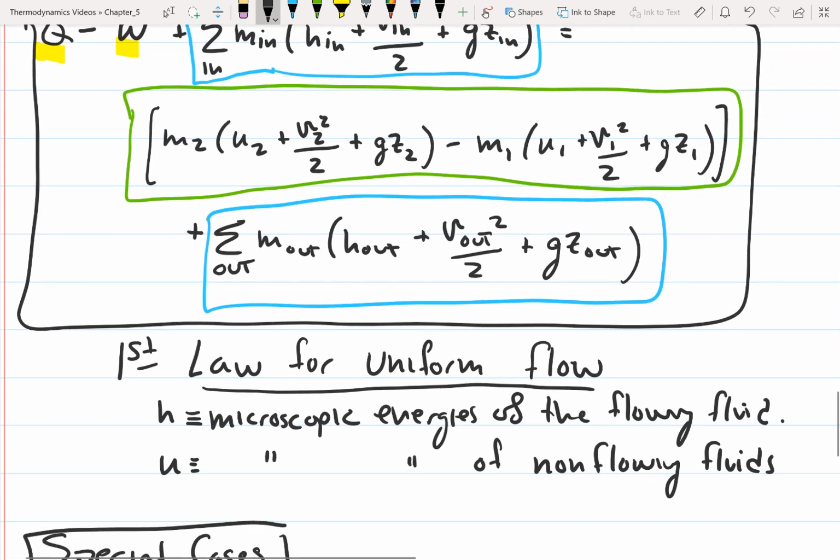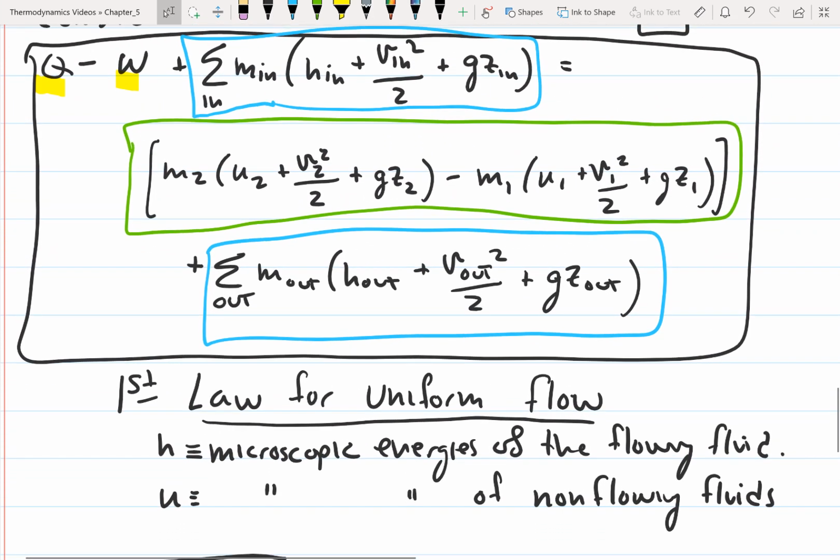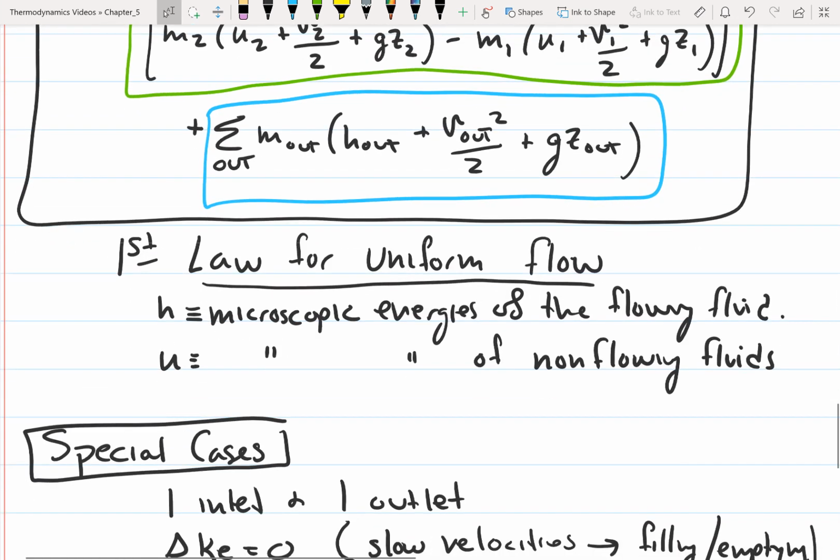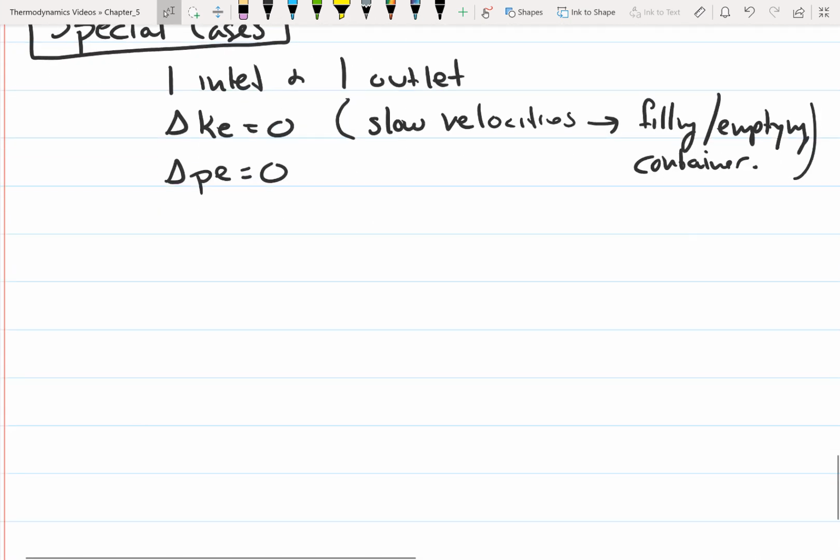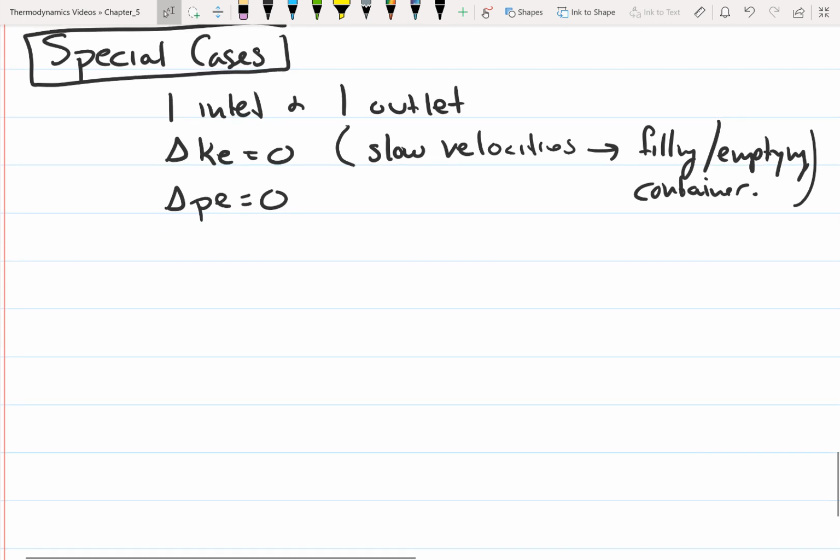And that's probably going to be a pretty good assumption, because the change in enthalpy and the internal energies are probably going to be quite a bit bigger than the change in velocity, unless you have fluid that's coming into your container at Mach speed and then it's suddenly stopping. But with this said, there might be some times where you need to consider the kinetic energy term.